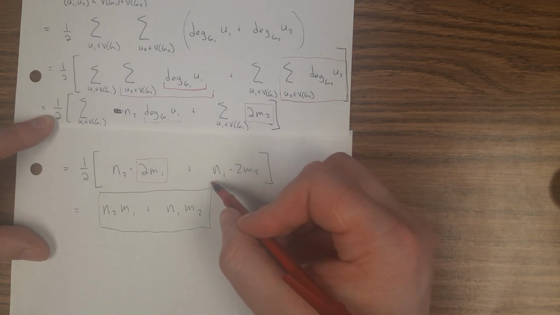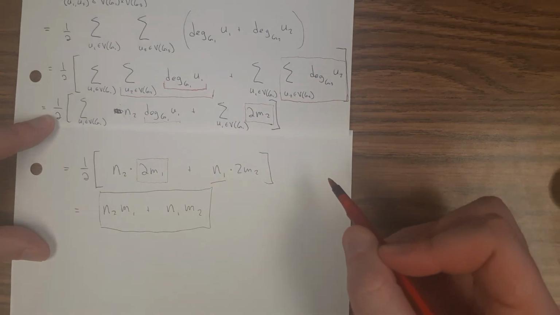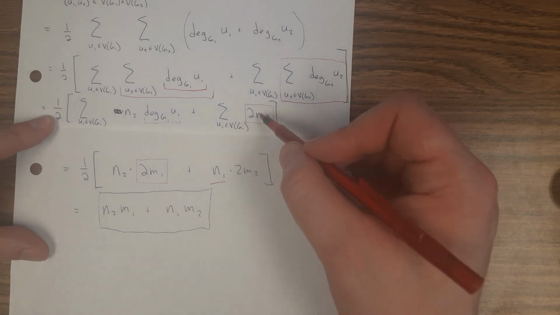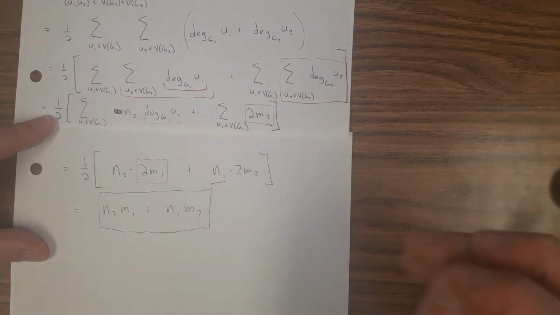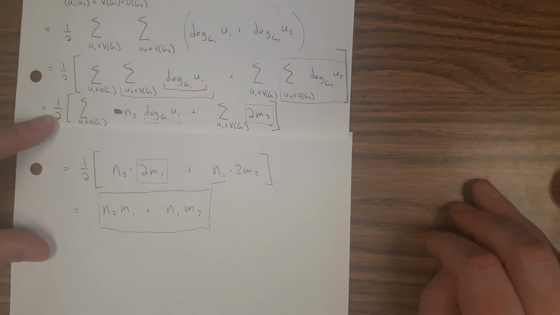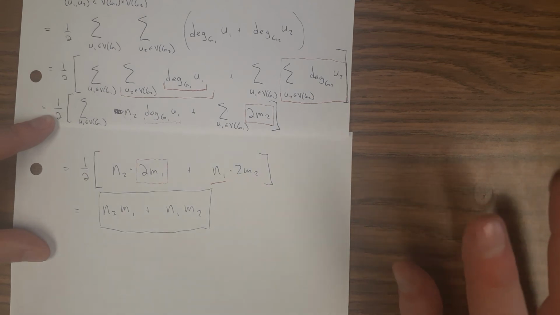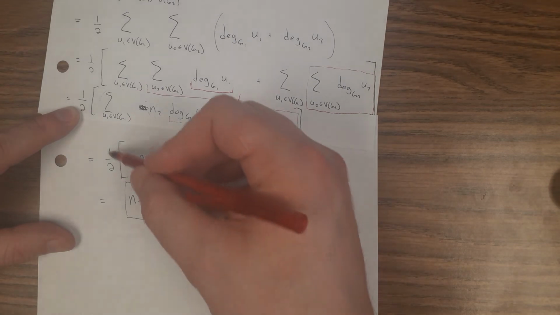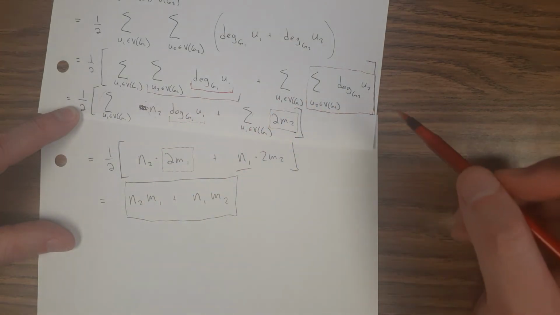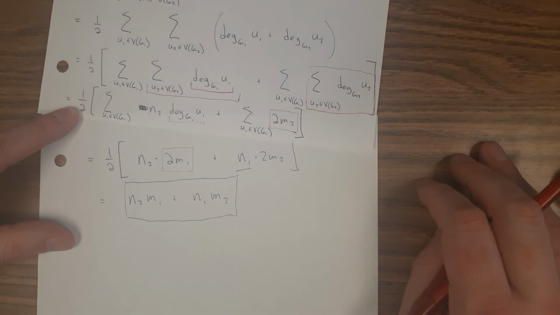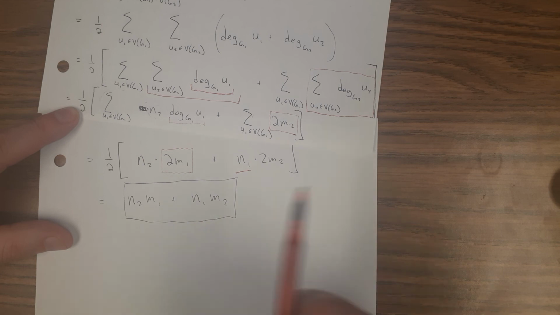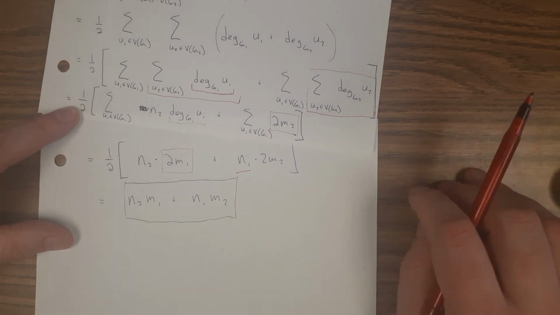In other words, I'm doing it this many times. So I've got 2m2 plus 2m2 plus 2m2 this many times, and that adds up to this. In the end, the half cancels the 2's, and I get this, n2m1 plus n1m2. A nice kind of symmetric looking answer after all of that ugly work.